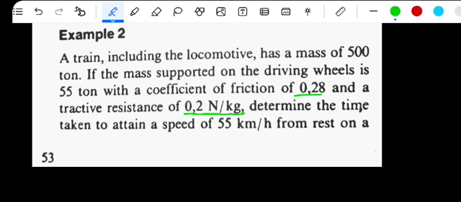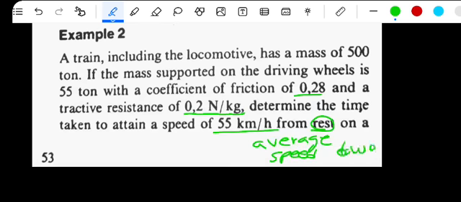Determine the time it takes to obtain the speed from rest. This is an average speed. If you have two speeds, this is an average. You cannot calculate the power using the formula TE multiplied by velocity divided by efficiency, or even if you don't have efficiency.